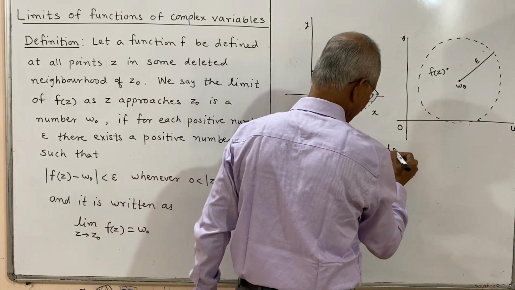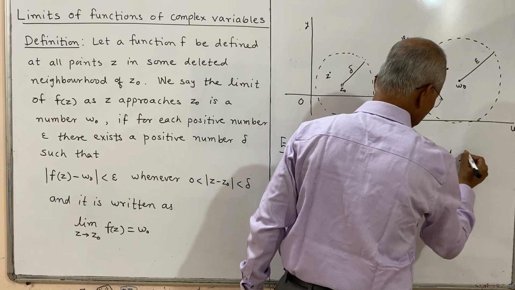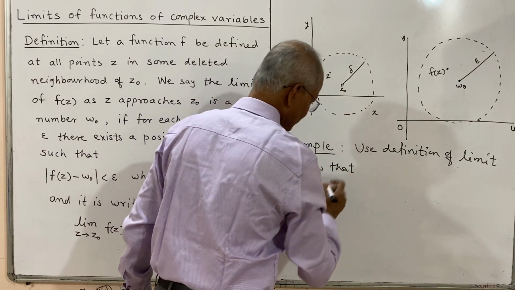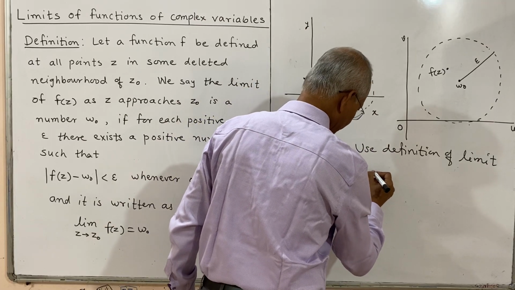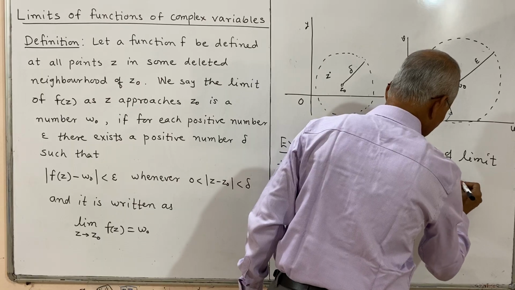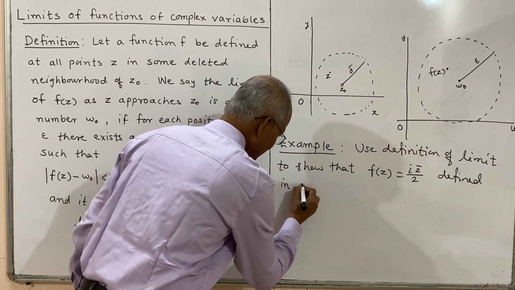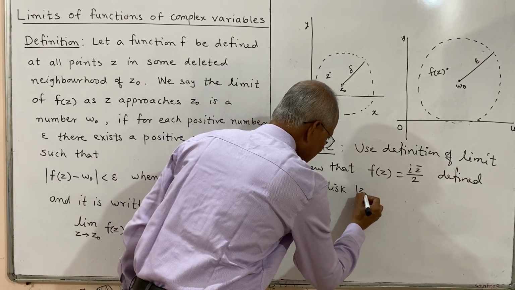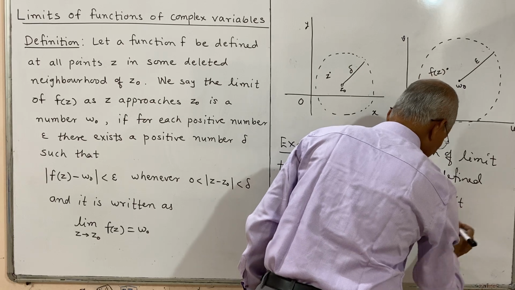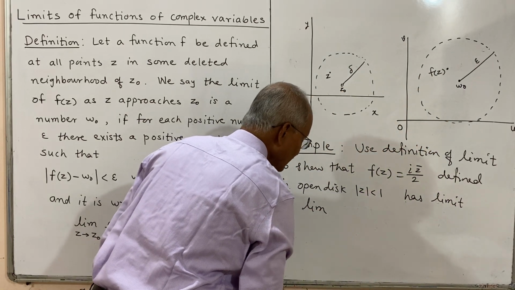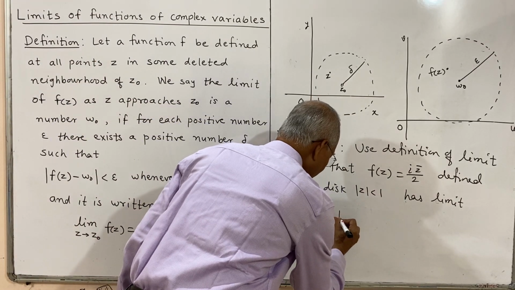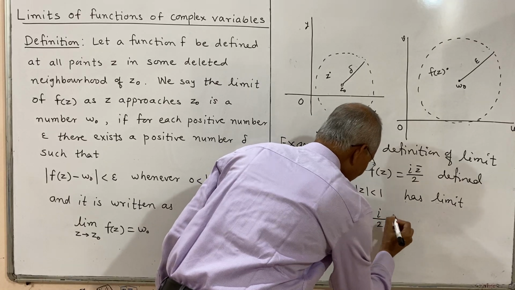Use the definition of limit to show that a function f of z, which is i z bar divided by 2, defined in the open disk mod z less than 1, has limit, as z tends to 1, of f of z equal to i divided by 2.